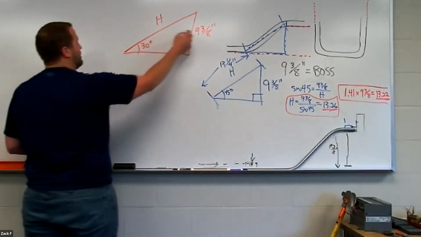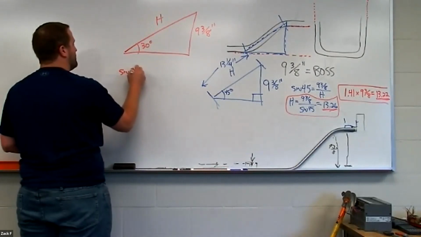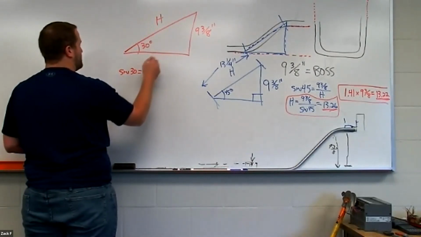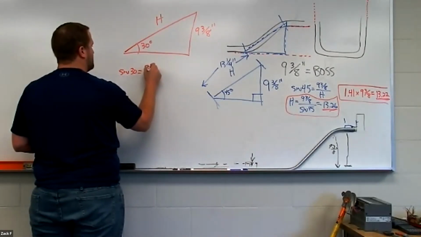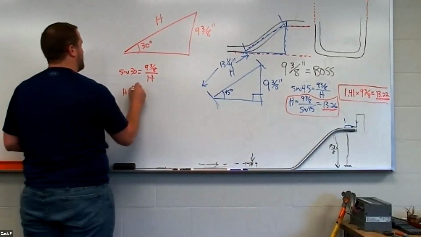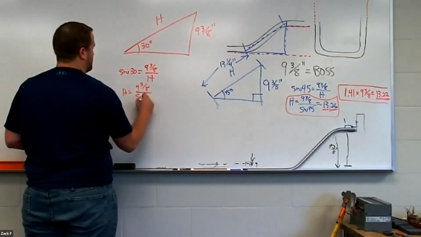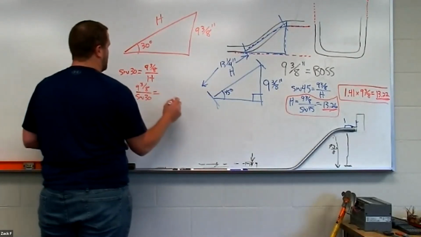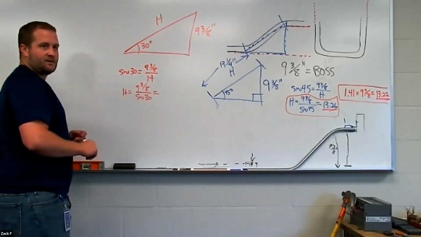So opposite over hypotenuse, so I know sine of 30 equals 9 3/8 over H. So H equals 9 3/8 over sine of 30, which equals what, about 18 3/4? Yeah. Yes.